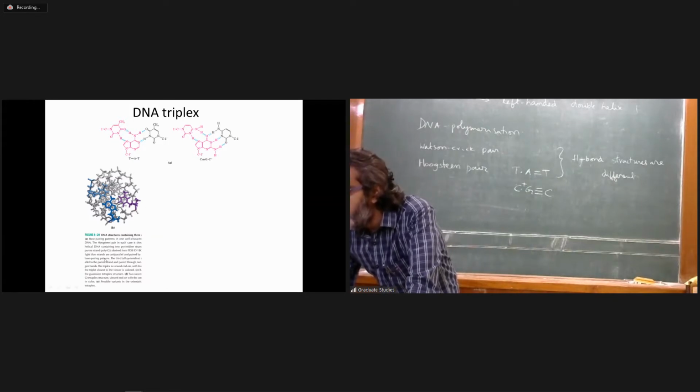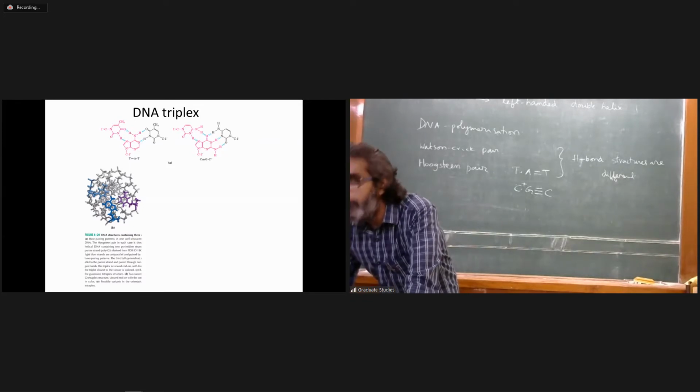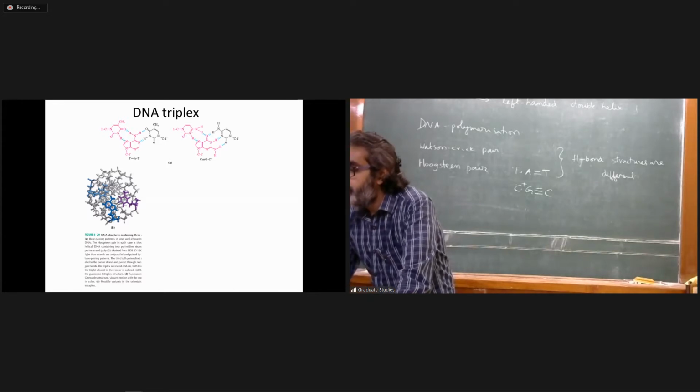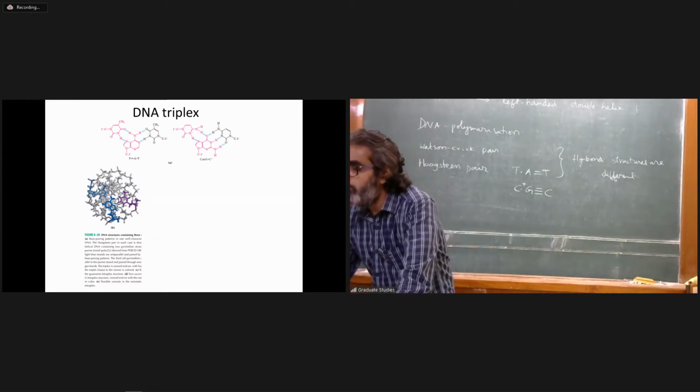Is it okay to comment that in the presence of a Hoogsteen pair, the energy stabilization of the Watson-Crick base pair decreases? Because I can see common donors and common acceptors. Maybe very little, I would say.